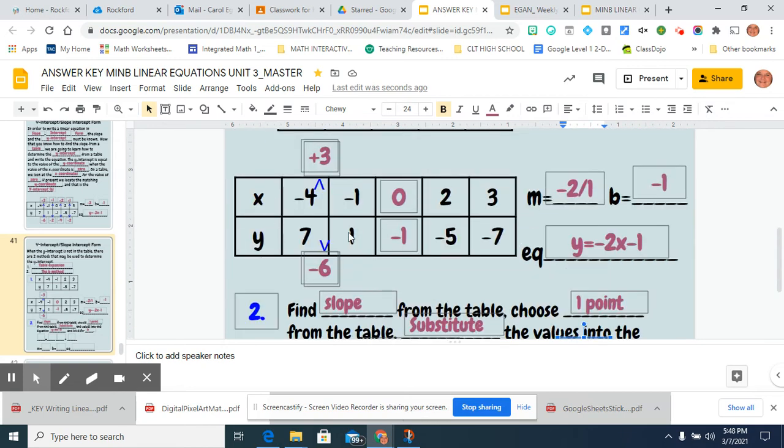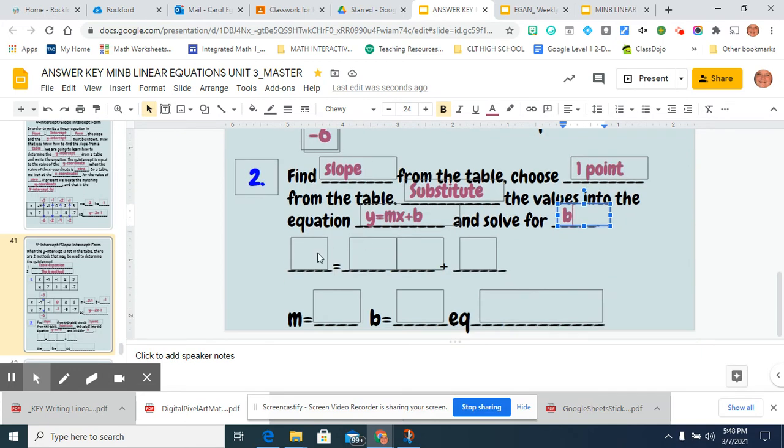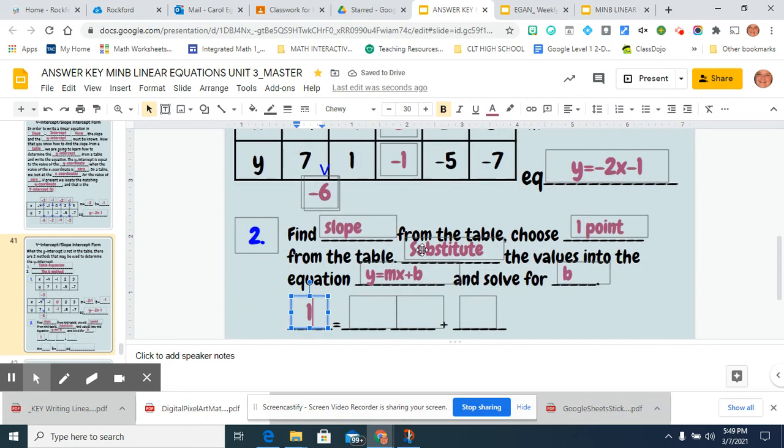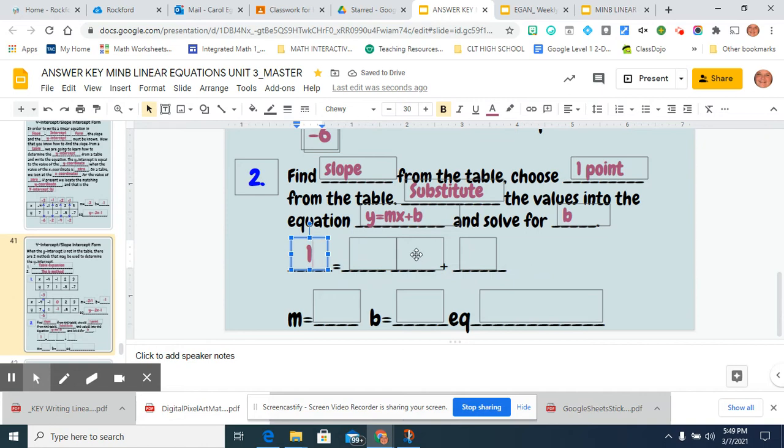Well, according to this, my y is a value of 1 and my x is negative 1. So y is a value of 1, right? And x is negative 1. Remember, I'm following this, y equals mx plus b.